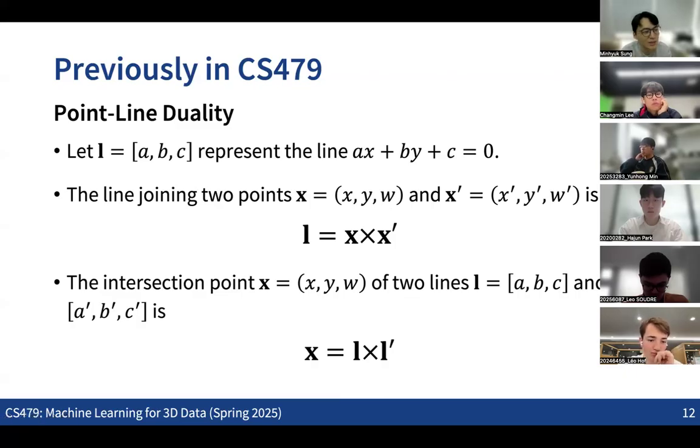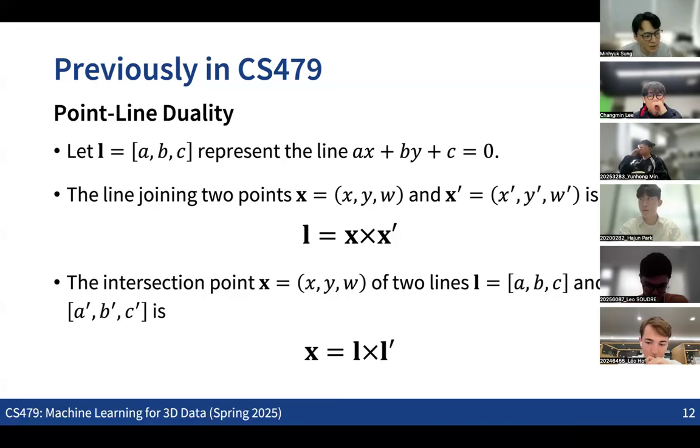The good thing is that the line joining two points can be obtained by taking the cross product, and the intersection point of two lines can also be calculated by the same cross product. So this was the point and line at infinity that we have seen last time, right?